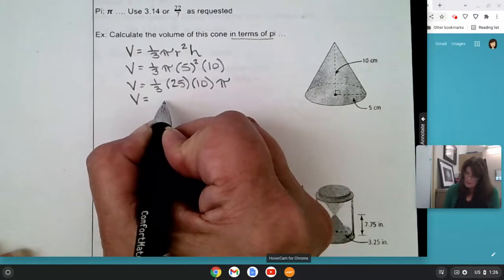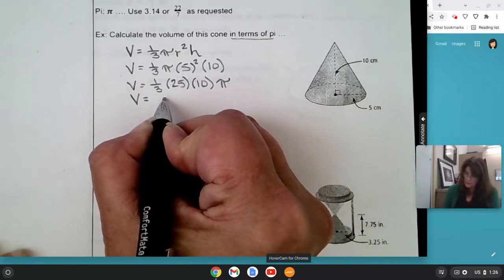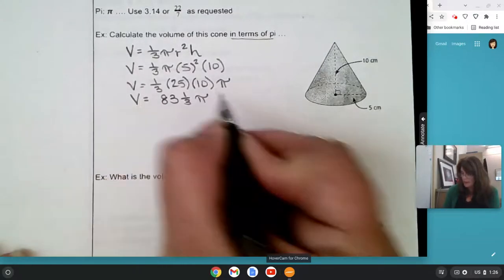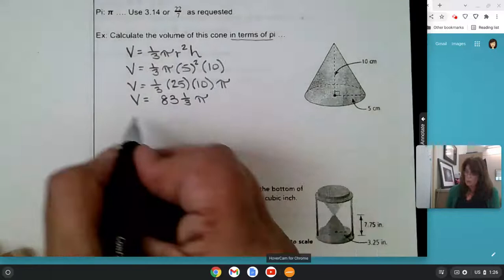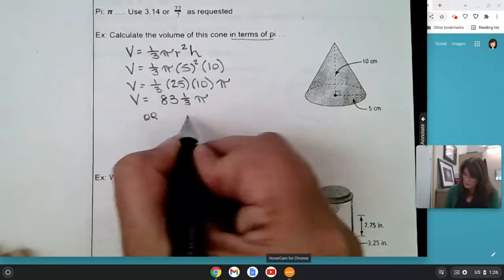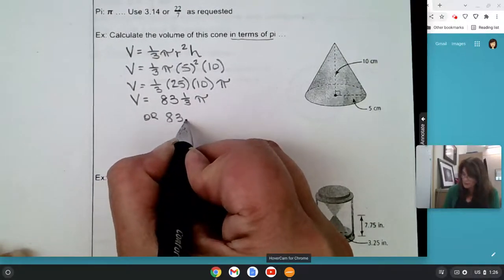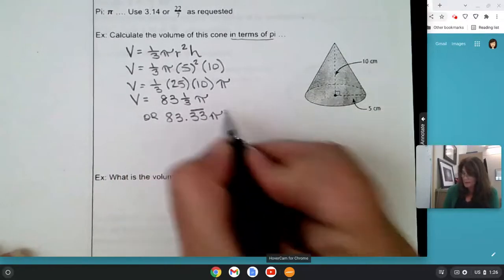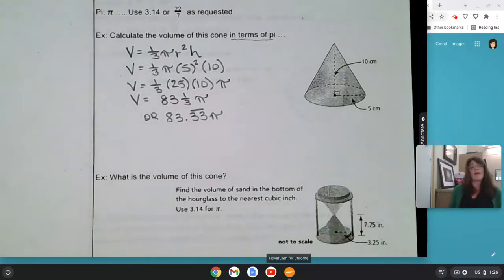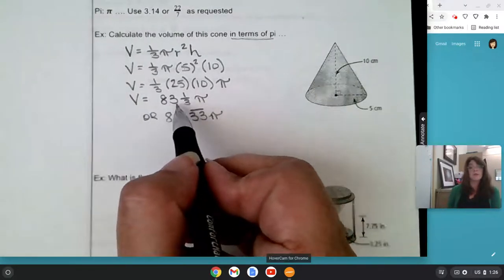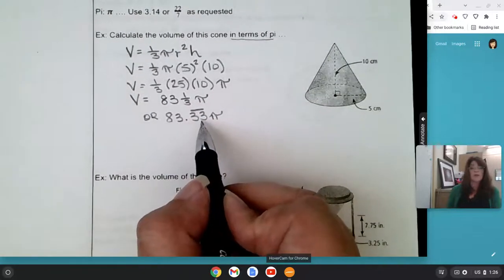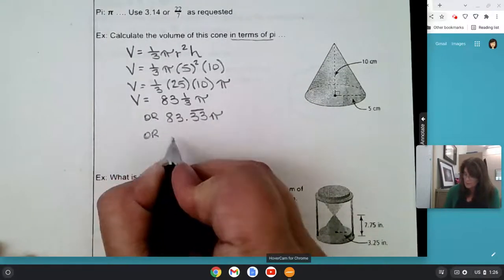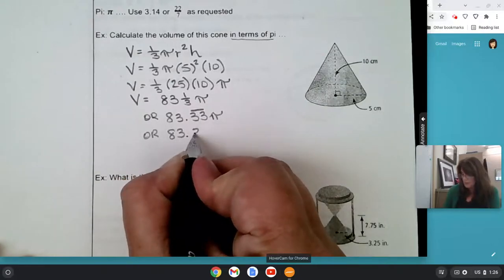So I'm going to get 83 and 1/3 pi, or 83 point, we'll call it 33 pi. Depending on how it asks for the answer, mixed number, or decimal, maybe it's a decimal rounded to the nearest hundredth.